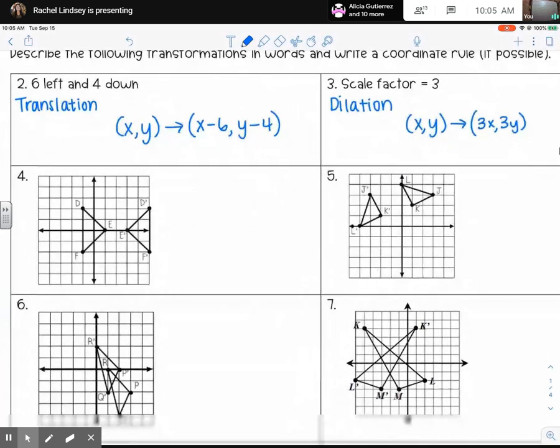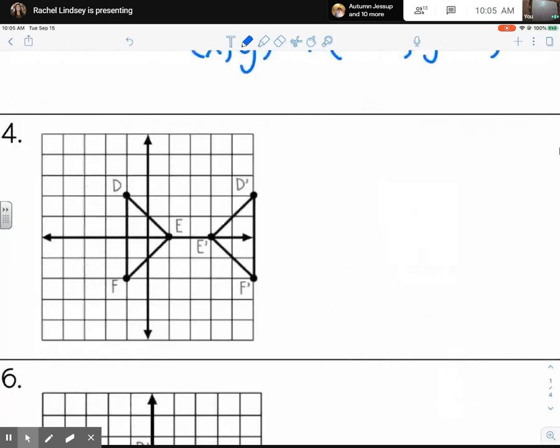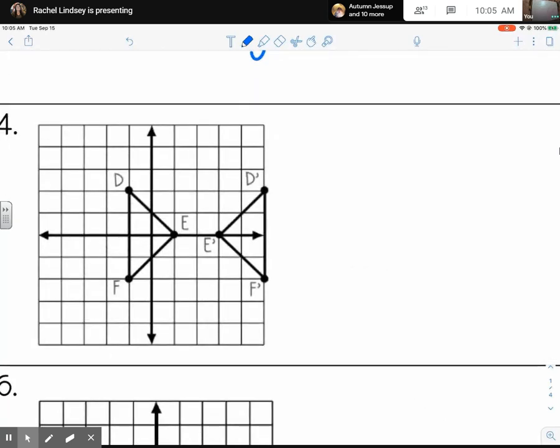Okay, now on the rest of those, we're going to look at their graphs and see what kind of transformation they are doing, and we're going to write a rule for it if we can. So number 4, would that be a translation? No. Would it be a dilation? No, because it stays the same size.